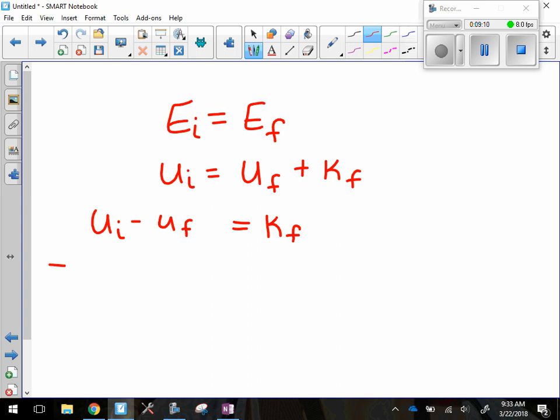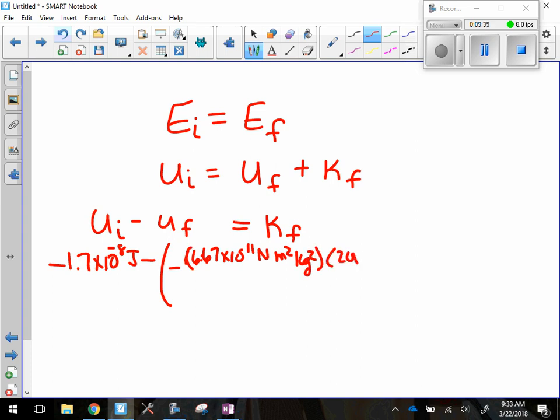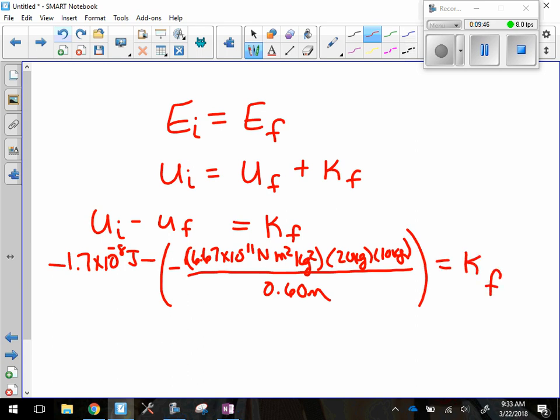And U initial was that negative 1.7 times 10 to the negative 8 joules minus negative, make sure you get all your negative signs in there, 6.67 times 10 to the negative 11th newtons, no, meters squared per kilogram squared times 20 kilograms times 10 kilograms, but now my separation is 0.6 meters, and that whole thing is going to be K final.